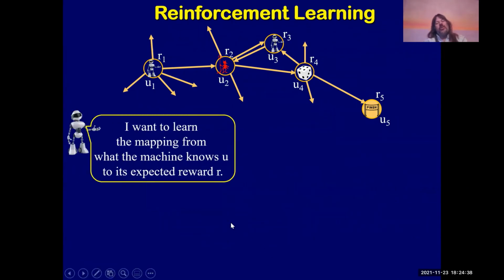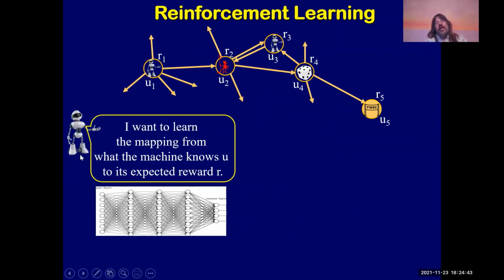And what do we do with our neural net? What does our machine want to learn? He wants to learn a mapping from what? Given the placement of the pieces, given his current state, what he knows about the world, what does this neural net want to compute? It wants to compute the R value. If you're learning how to play chess, ultimately what you have to learn is, given the current placement of pieces, what probability am I going to win.